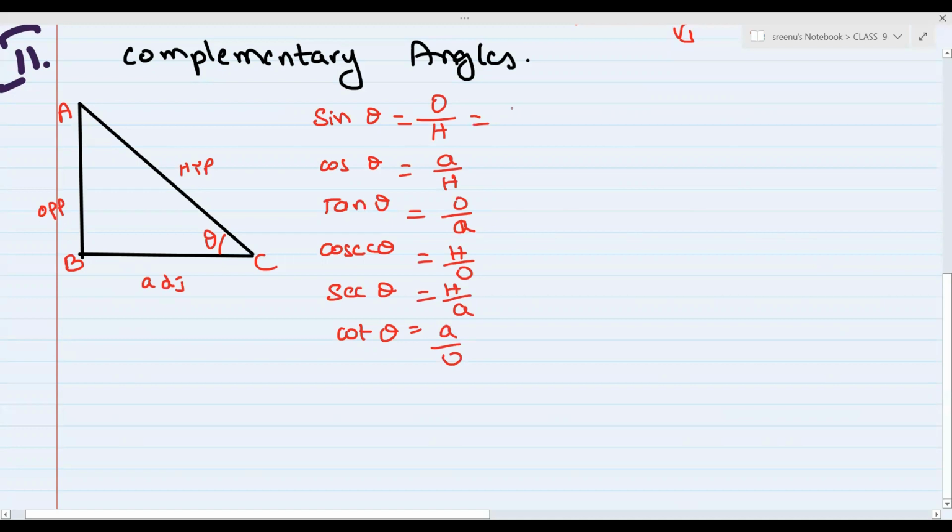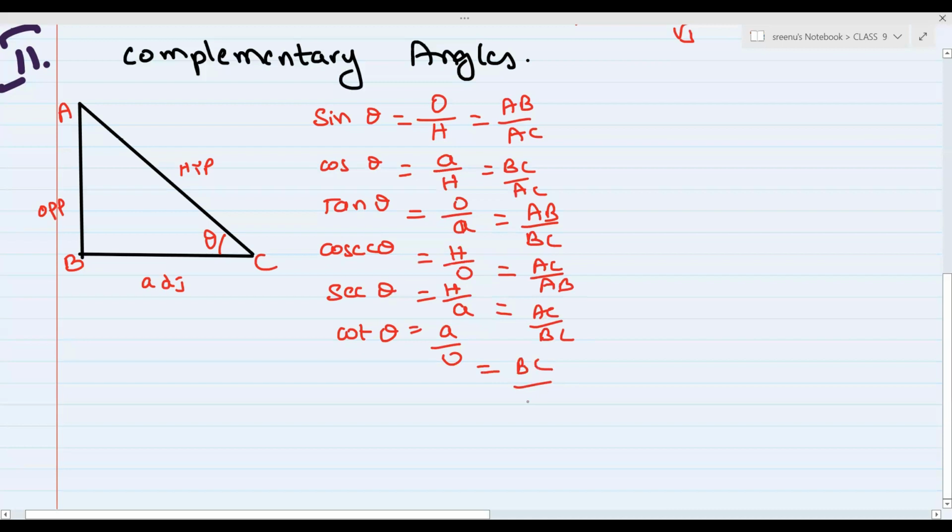I'll write shortcuts. These values are AB by AC, BC by AC, AB by BC, AC by AB, AC by BC, BC by AB.